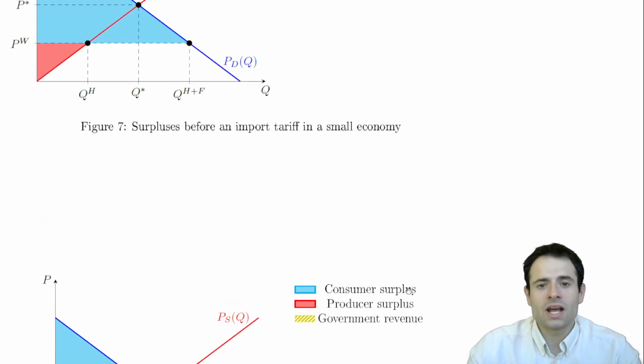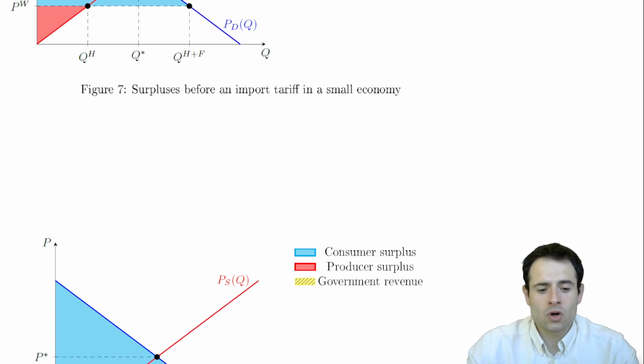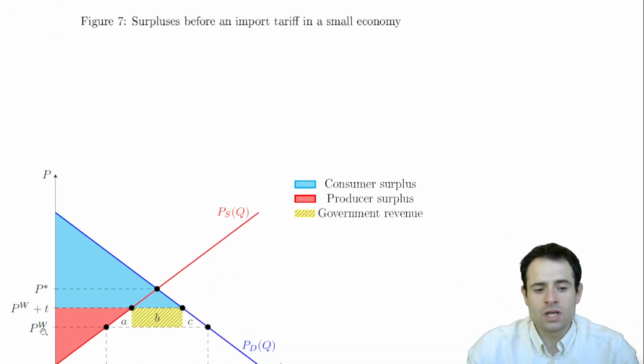So, because the country is too small to influence the world price, what is going to happen after imposing a tariff is the price home consumers are going to pay is simply going to increase from PW, the world price, to PW plus T. They fully absorb the tax, the tariff, because the export supply is infinitely elastic.